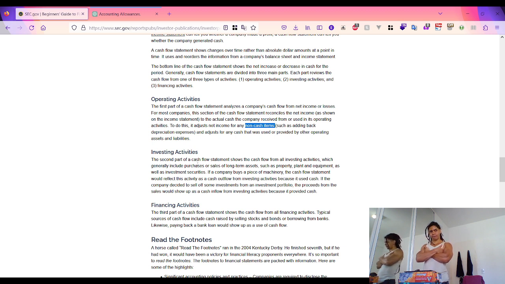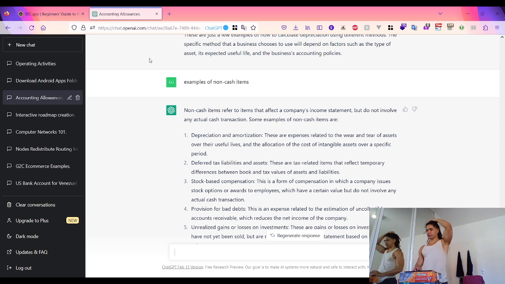Any non-cash item, so items that affect the income statement but do not involve any cash transaction.